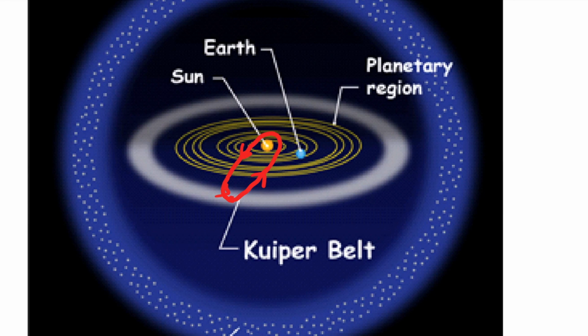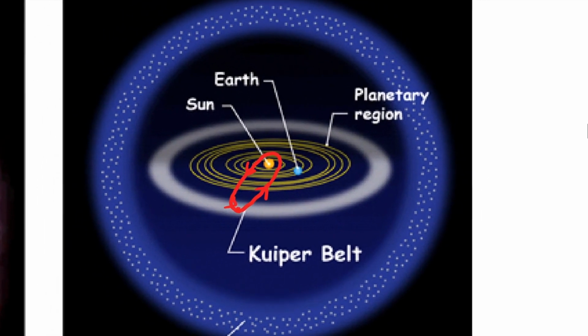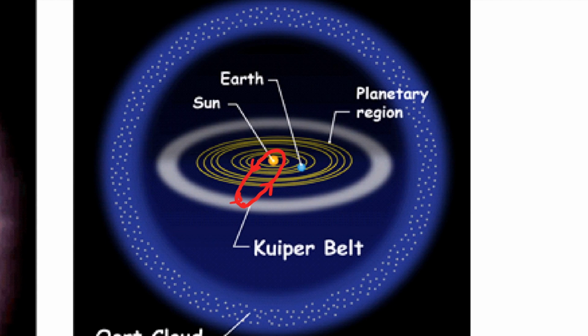And what the big worry is, of course, is imagine if that comet hits Earth. It could be the end of humanity. And some people think that an asteroid or a comet landing on Earth was the reason for the end of the dinosaurs, because of the devastation it would have caused.